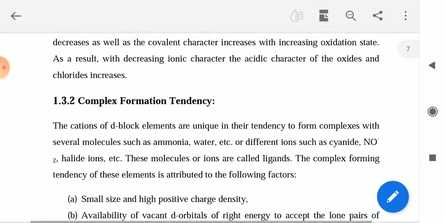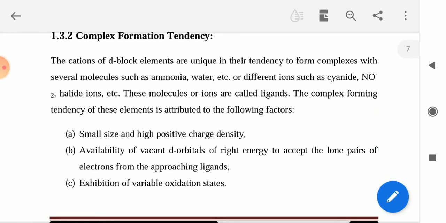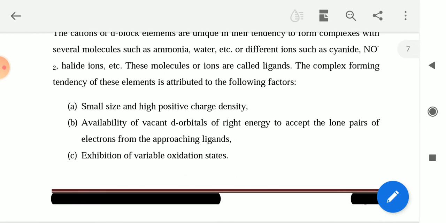It also has a complex formation tendency. The d block elements are unique in their tendency of complex making. They can make complexes with cyanide, halide and so on. These elements form complexes of small size and high positive charge density.